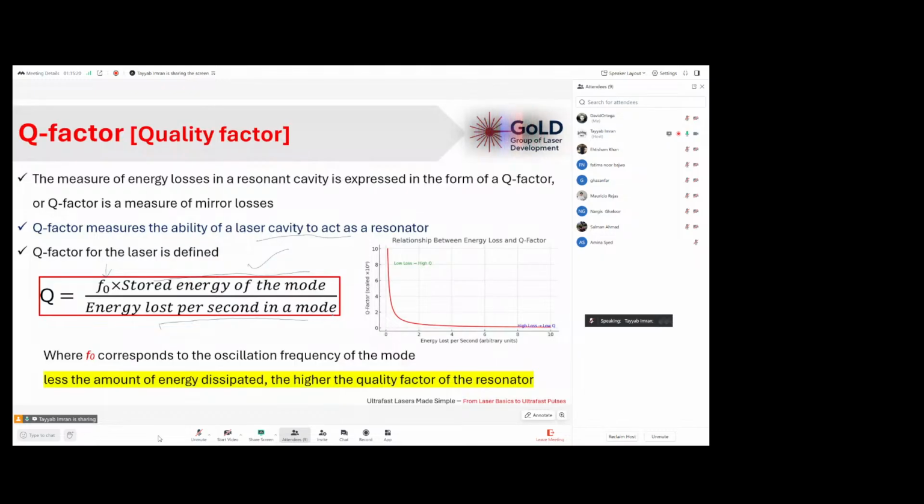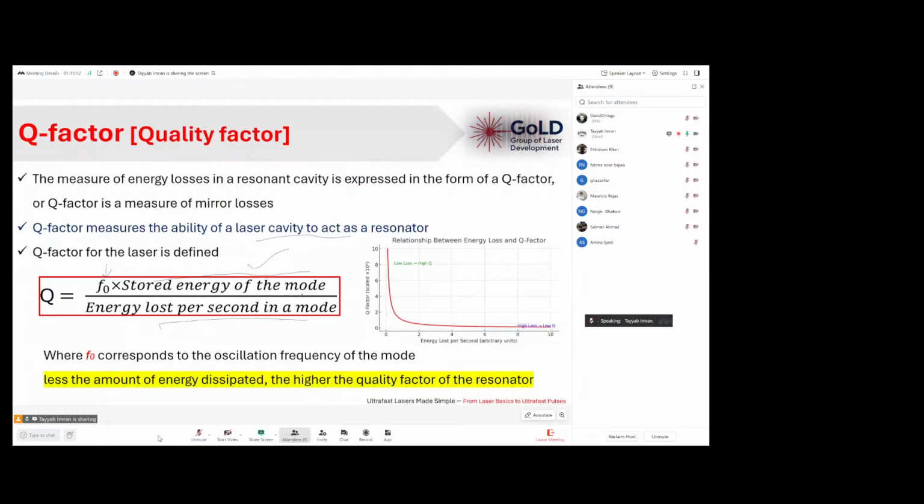Energy stored in a mode, and then energy lost per second in a single mode. So the quality factor, the Q value, depends on f0, which is the oscillating frequency, the central frequency, multiplied with the stored energy of the mode and divided by the energy lost per second in one mode.